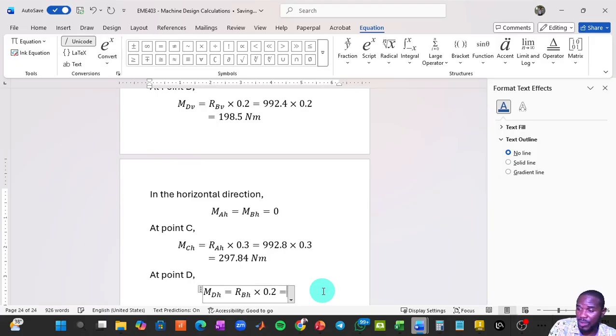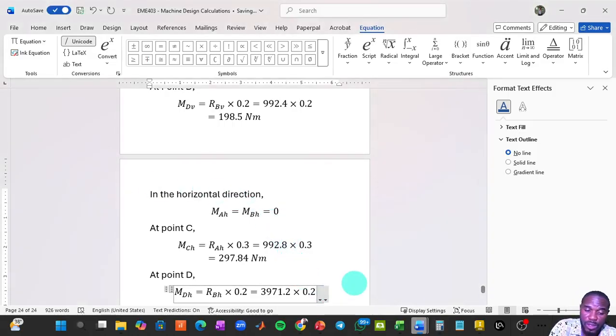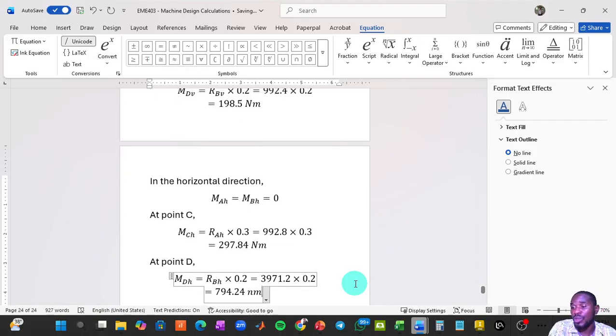So this will be 3971.2, that's what we had, times 0.2, and the value is 794.24 Newton meter.